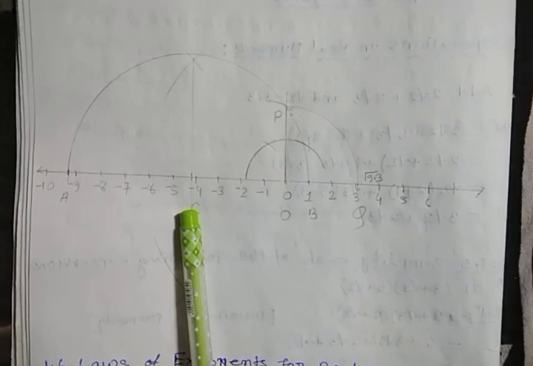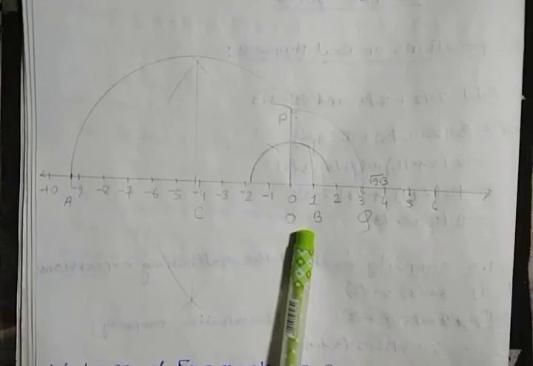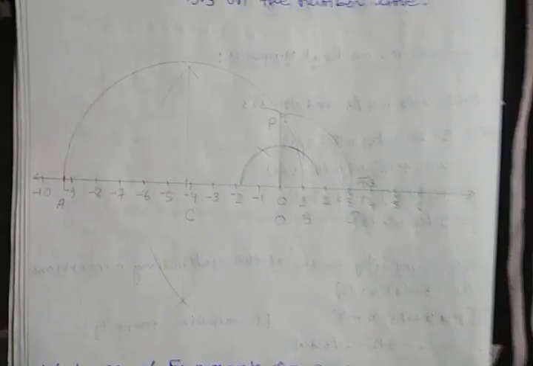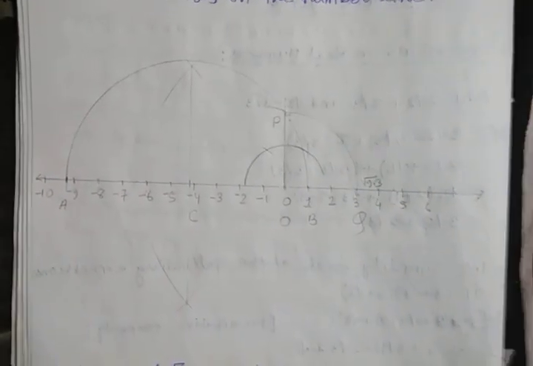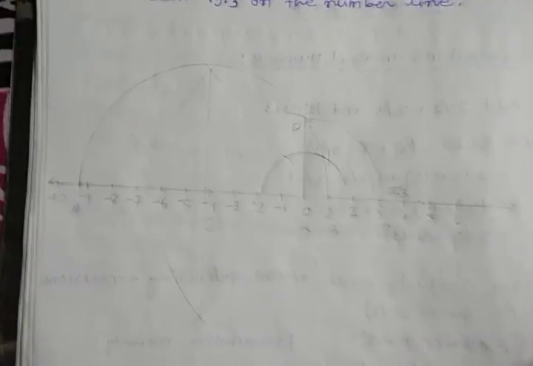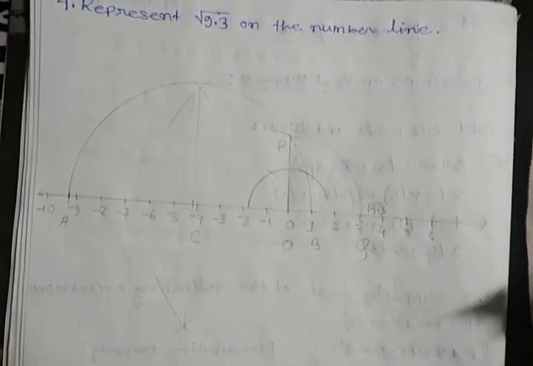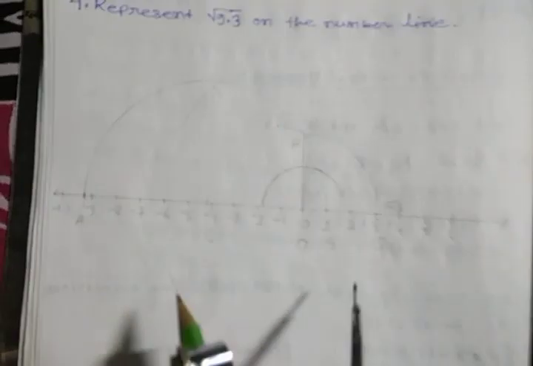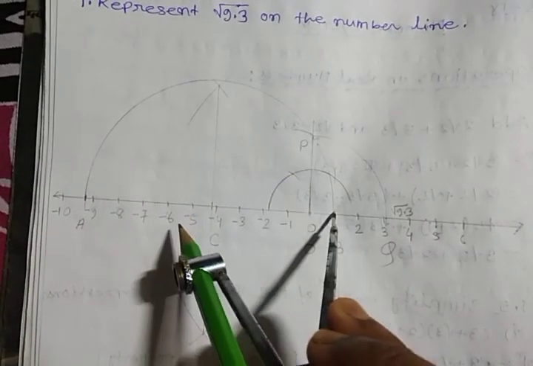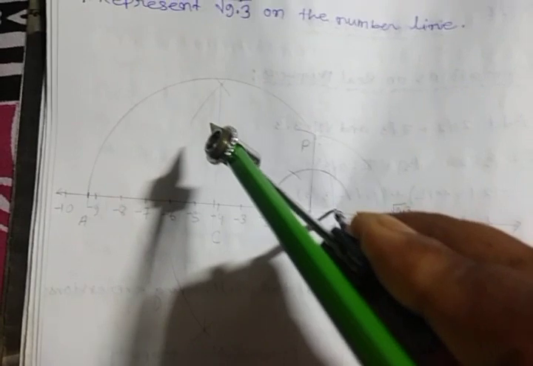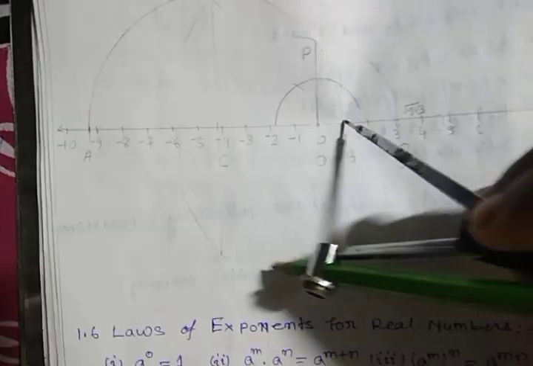Now we need to draw a perpendicular bisector, and you know how to draw it. Using a compass, take more than half the length of AB, and cut from point A upward and downward.